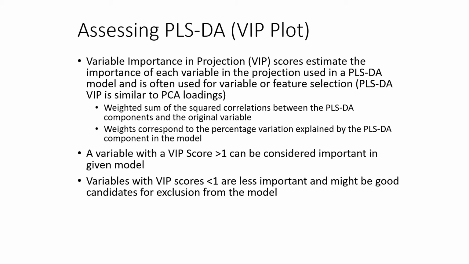In some respects, the VIP plot is similar to a PCA loadings plot. The weights or the values correspond to the percentage of variation explained by the PLSDA component in the predictor or in the model. As a rule, if a VIP value is greater than 1, generally 1.5, that's generally considered important. If the VIP value is less than 1 or 1.5, it's generally less important.